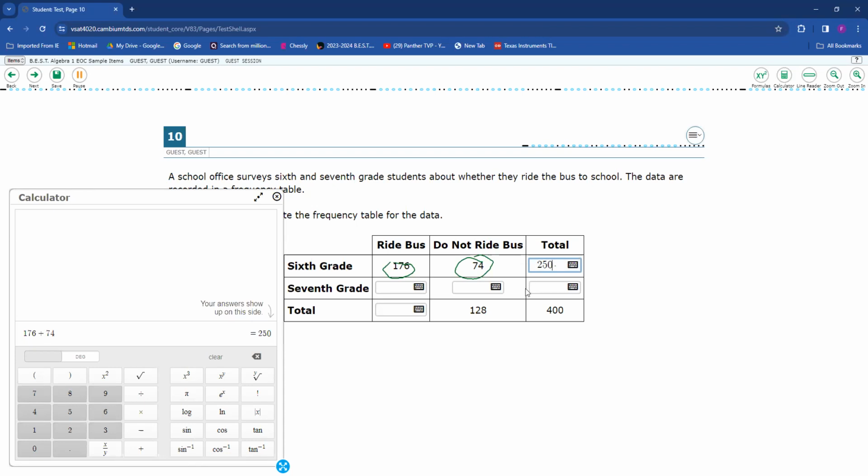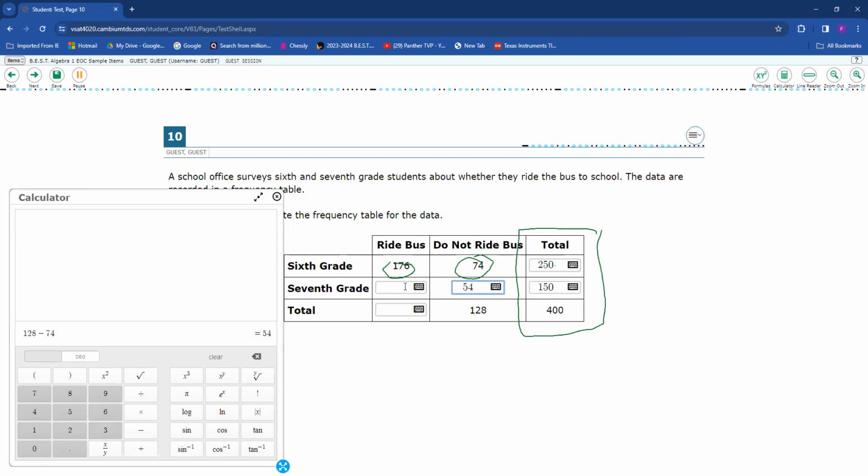All right. How do I find the next? I know that the total 400 is the total of the vertical column right there. 250 plus a number equals 400, so I can subtract. 400 minus 250 is 150, so I'm going to type 150 here, and doing the same here between 128 and 74. 128 minus 74 is 54.